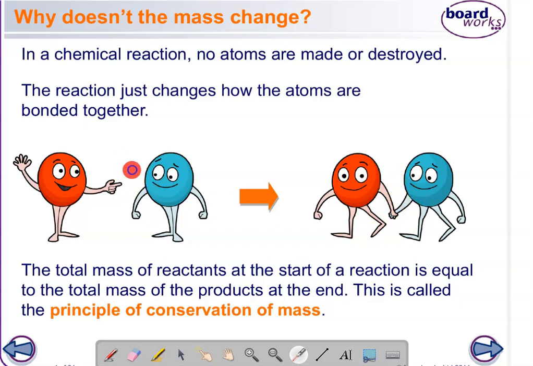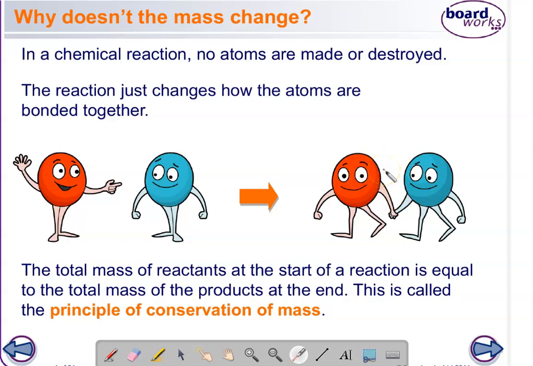Here, let's say they are talking together, they are free, they are not holding hands. In the product, they are holding hands. It's the same guys, but the bonding has been changed. So that's what happens in chemical reactions. We do not create new atoms, and we also do not destroy the old atoms.